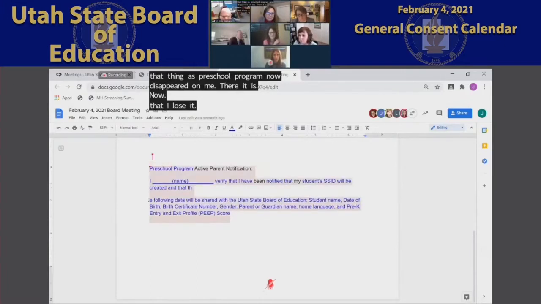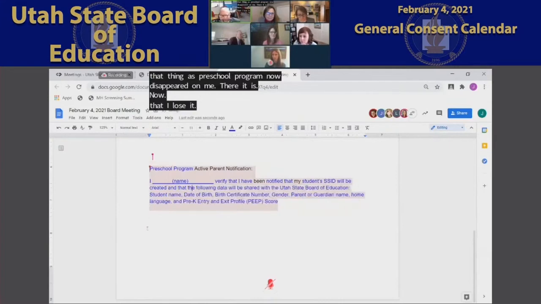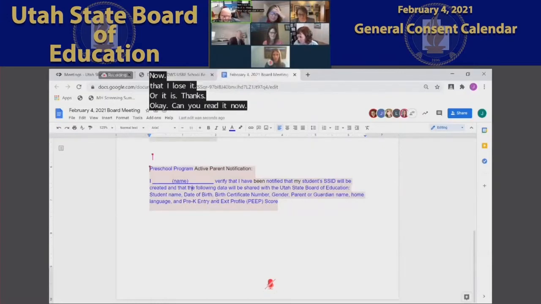Yes. So it would be adding to that form where it says preschool program, it would add active parent notification. And then in the body it would read, I, and then it would add the word been. My wording's just a little different.